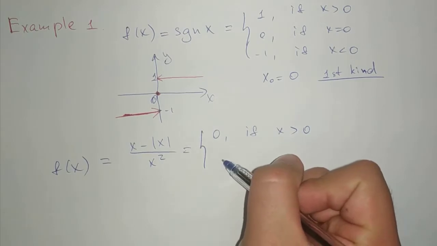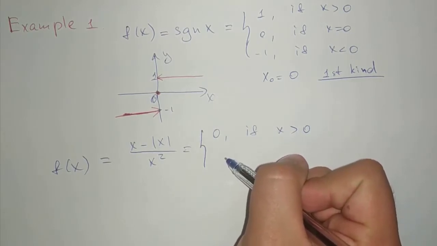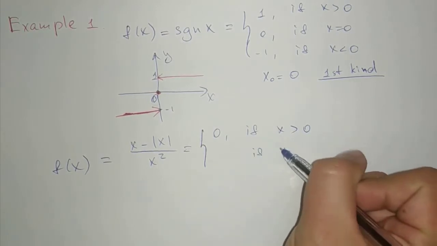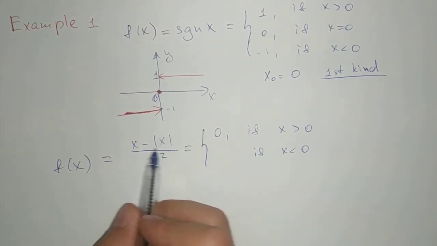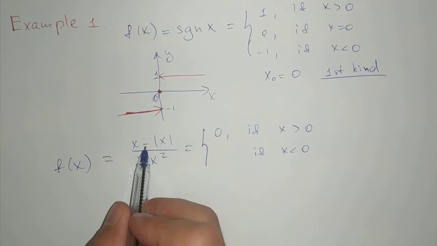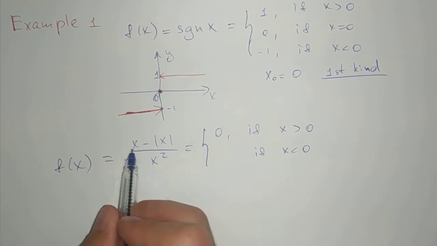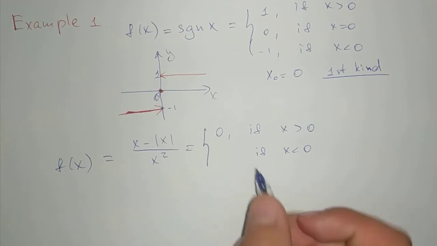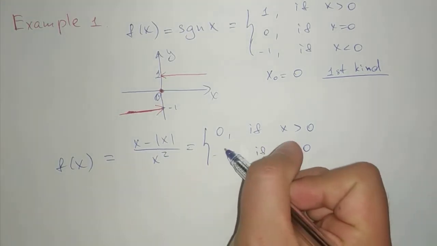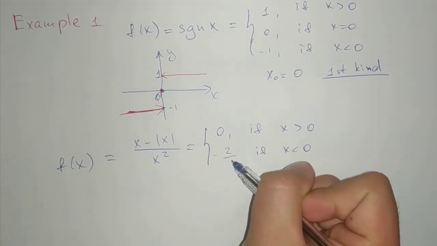And the next one, if x is less than 0: we get x minus (-x), so it is now 2x... actually -x minus -x gives -2x over x squared, so it is just -2/x.